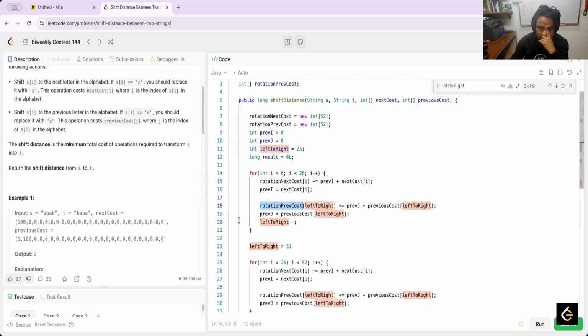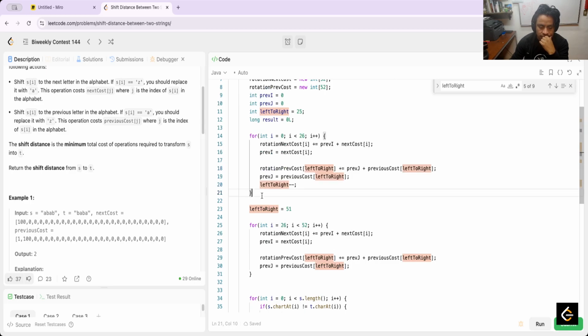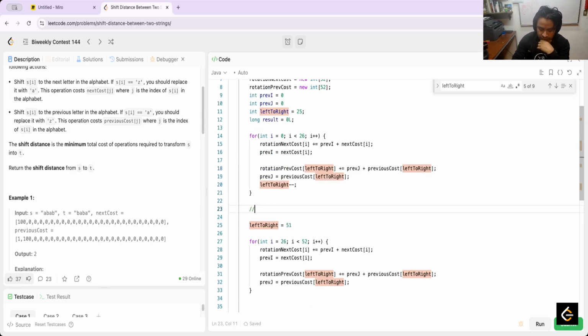We are saying in the position 25 plus equal prev, that in this case is 0, plus prev cost in the position this, and continue until this. And now, for example, here is 100 to reach this. And it's done.